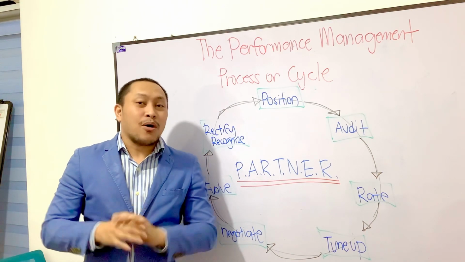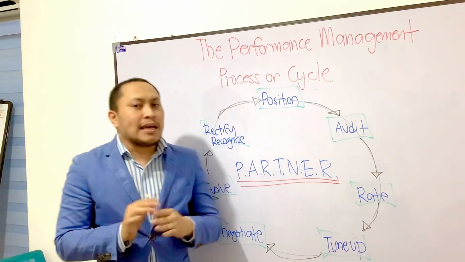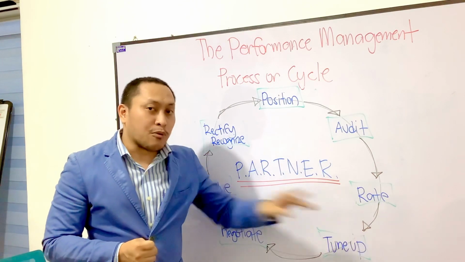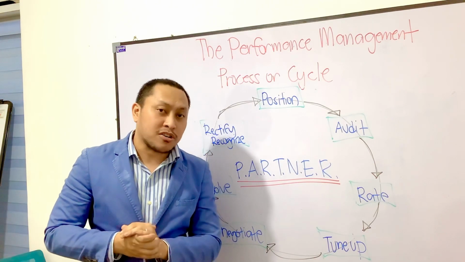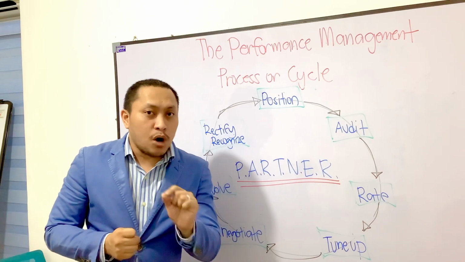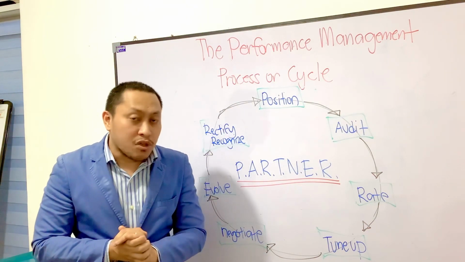All right? Now, step number 3 or phase of employee performance management is after the performance, which is rate. Now remember, during positioning, we made the goal and objectives SMARTER, right? And the M of SMARTER is measurable. So, in other words, we associated or connected numbers to the performance.